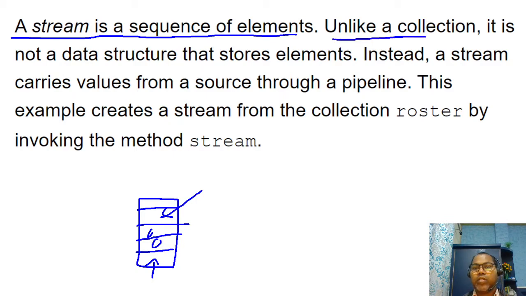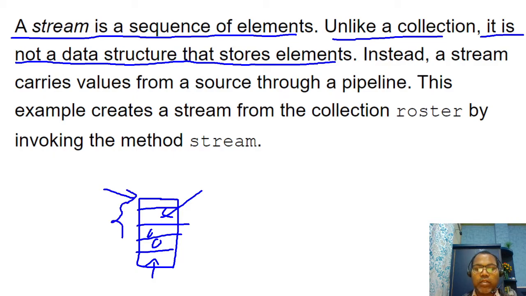Unlike a collection, a stream is not a data structure that stores elements. An ArrayList is a data structure that stores your elements, but streams are not a data structure.